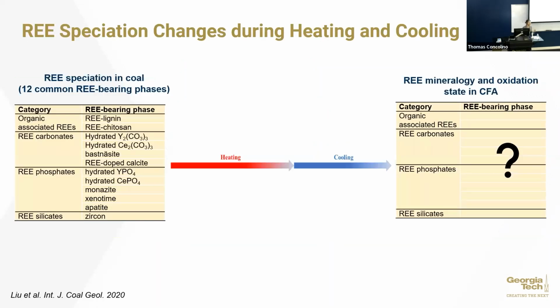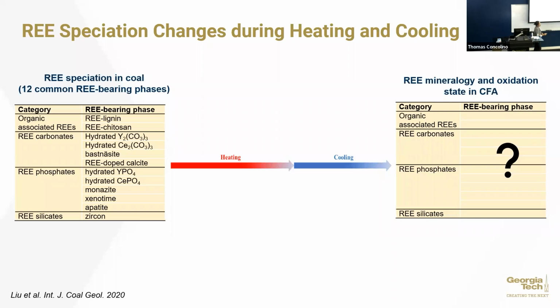So let's first look at REE speciation change during the coal burning process. The approach we took is to start with pure REE compounds. Here we took 12 common REE-bearing phases, such as organic complexes, REE carbonates, REE phosphates, and REE silicates. These are either synthetic or natural materials, pure, and we heat them and then cool them down.